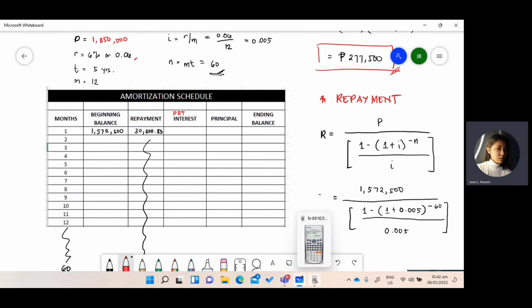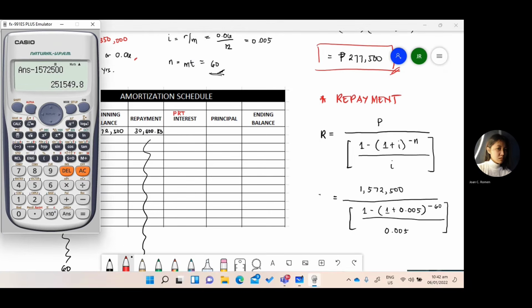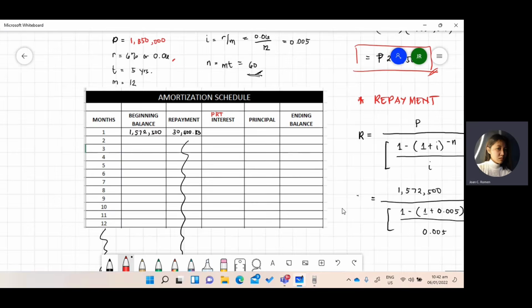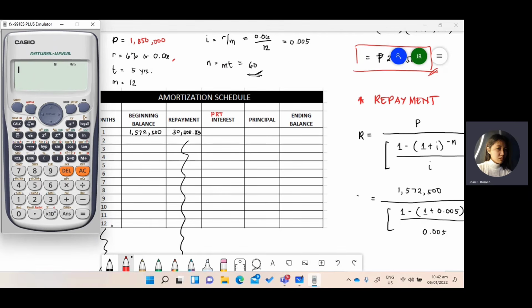Okay, so now, PRT, yung beginning balance or yung principal, which is 1,572,500 times yung R natin, which is 0.06, and then times 1, since 1 month to, okay, over 12.